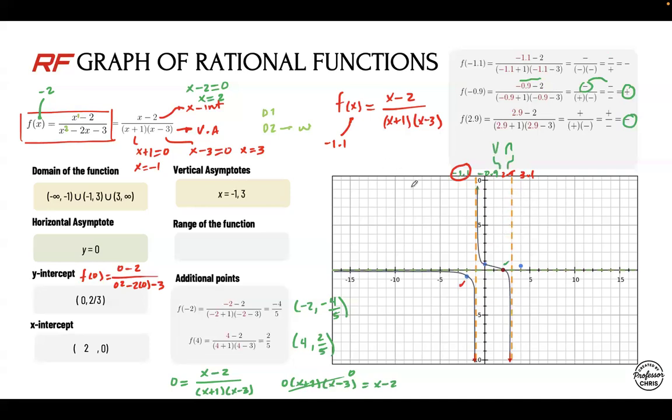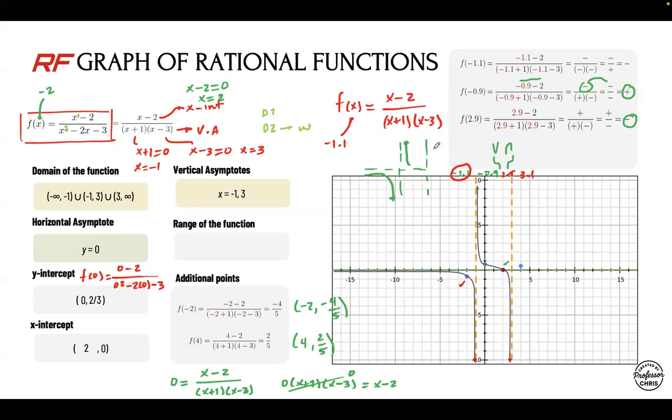A trick that will be useful is that when you have two vertical asymptotes, you're not going to expect two behaviors facing the same direction. So if you have a vertical asymptote like this, a horizontal, and another vertical, if this one is already facing the negative, or minus infinity, direction, this has to move in the positive direction.